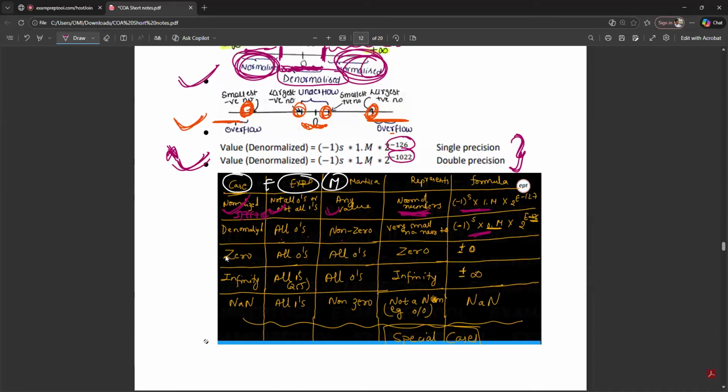Okay, so how to represent zero, infinity, and not a number? Zero means exponent all zeros and mantissa all zeros, plus or minus zero based on the sign. For infinity, the exponent is all ones and the mantissa is all zeros; it represents plus and minus infinity. For not a number, the exponent is all ones and the mantissa is not all zeros. It represents not a number, which means a zero by zero case or something else, and there is no formula for it.